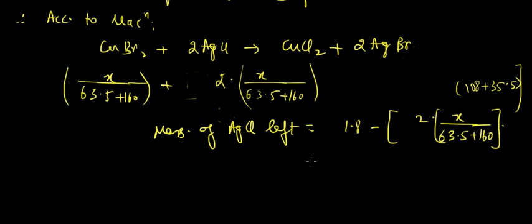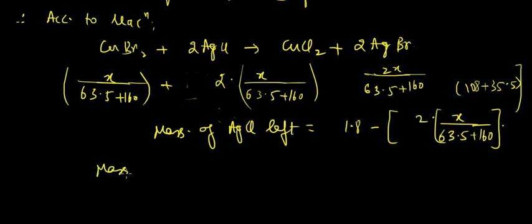So mass of AgCl left is this, and how many moles of AgBr are formed? Moles of AgBr formed is again 2x upon 63.5 plus 160. This is the mass of copper and this is the mass of Br2. Br's mass is 80, so Br2 would be 160.